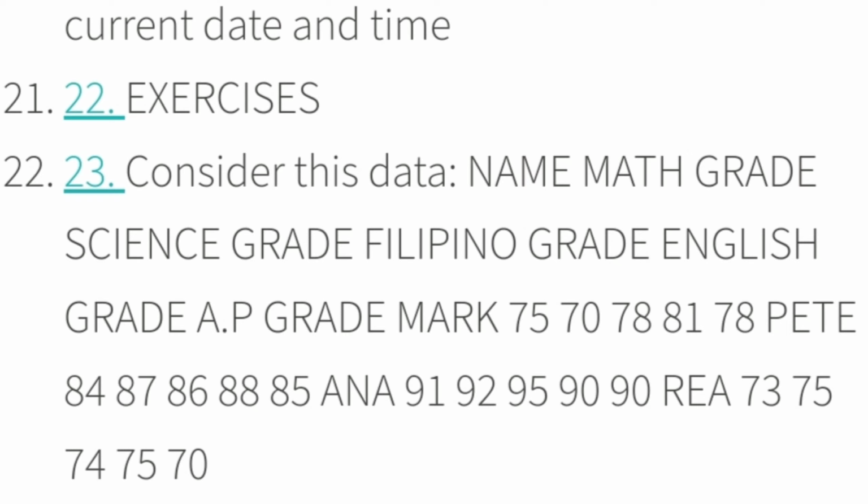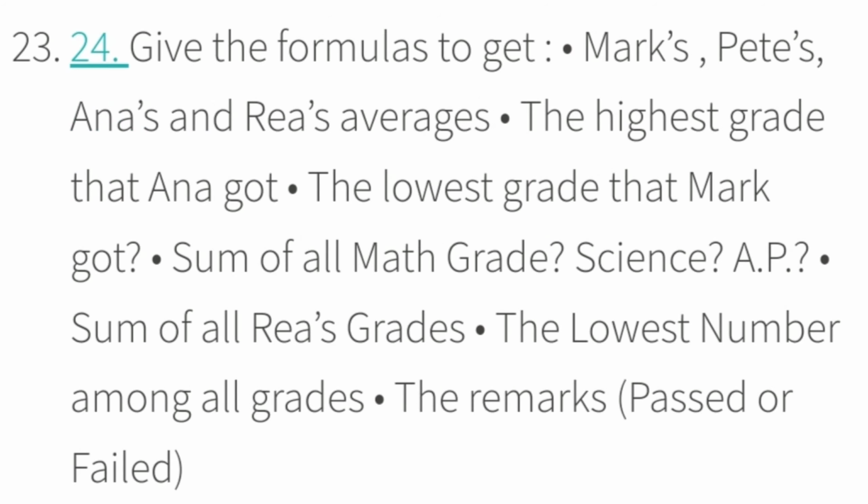Pete: 84, 87, 86, 88, 85. Anna: 91, 92, 95, 90, 90. Rhea: 73, 75, 74, 75, 70. Give the formulas to get Mark's, Pete's, Anna's, and Rhea's average.